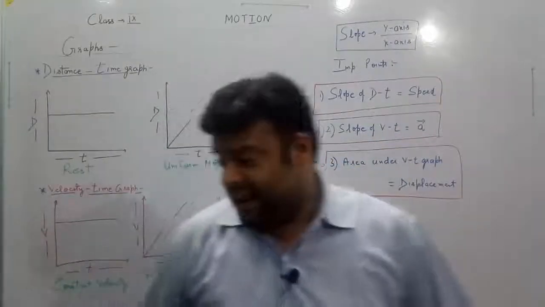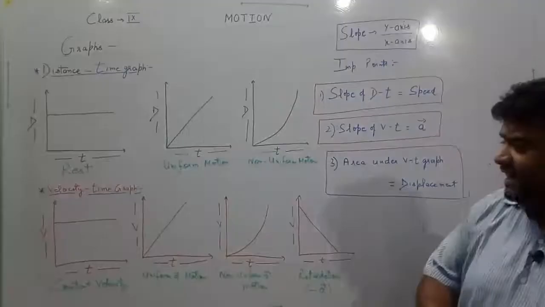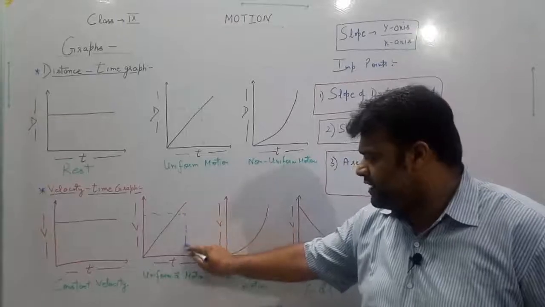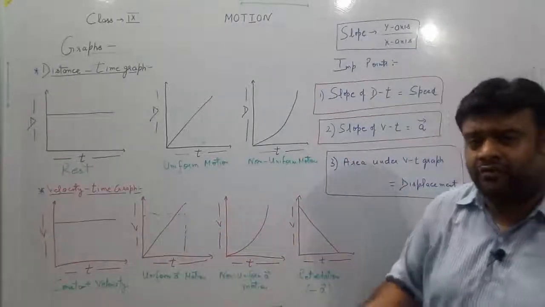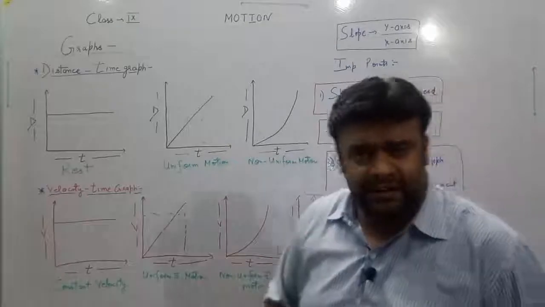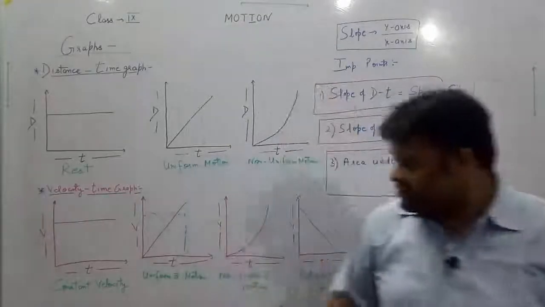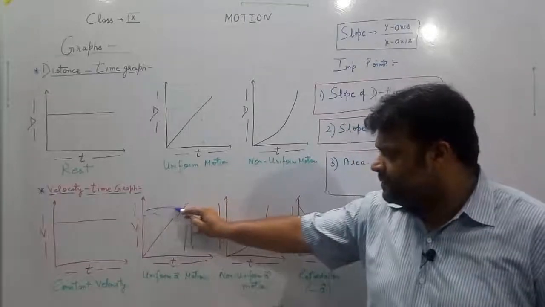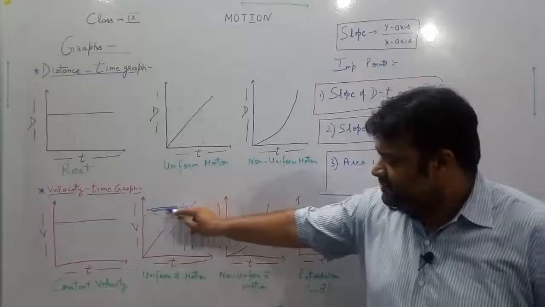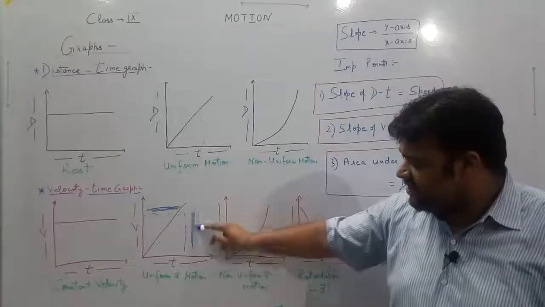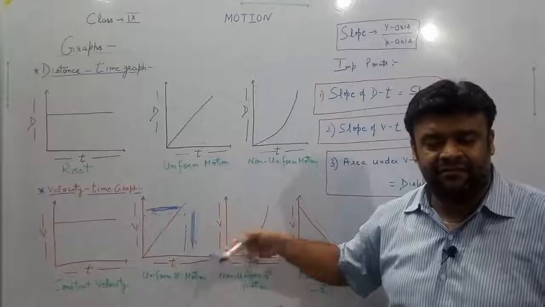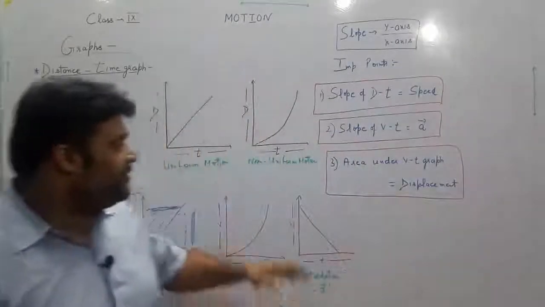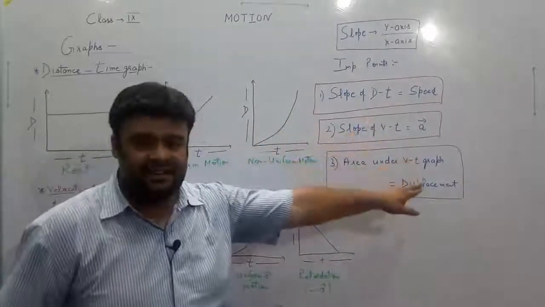That is, at any point if we have to find acceleration, we use the formula for acceleration we have learned: change in velocity divided by time, that is, the rate of change of velocity. So change in velocity divided by time will give acceleration. So if you find the slope of a velocity time graph, it will always represent acceleration.